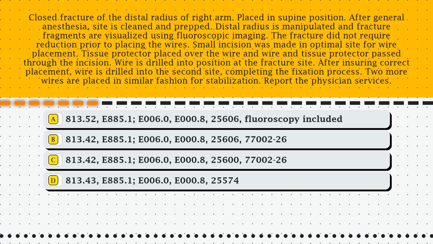Option C, 813.42, E885.1, E006.0, E000.8, 25,600, 77,002 to 26. Option D, 813.43, E885.1, E006.0, E000.8, 25,574.